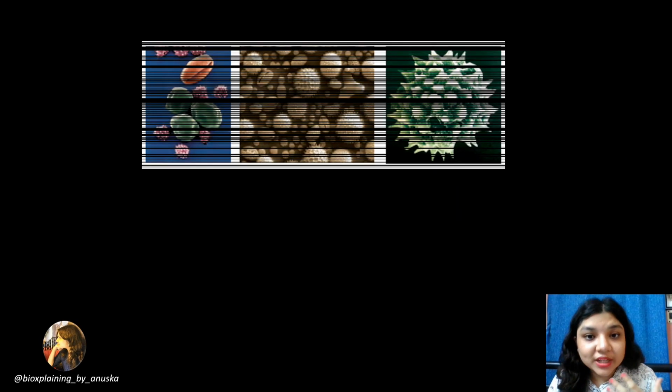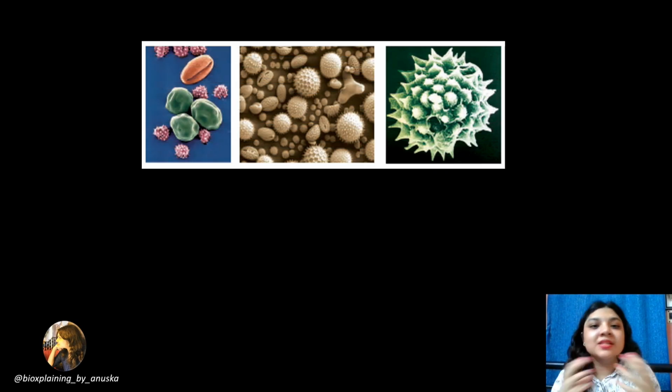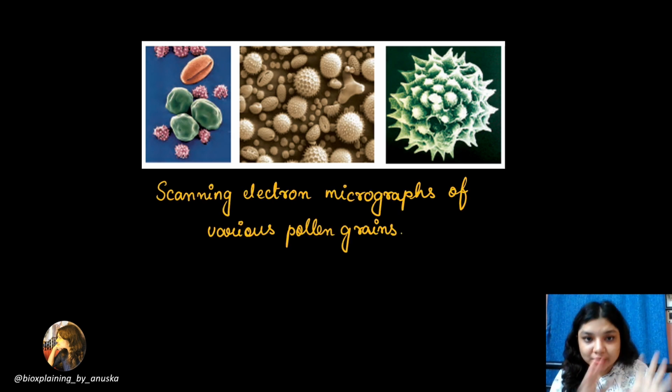Okay, so these pollen grains have amazing architecture, and pollen grains from different species have various types of structure. These 3 images show the scanning electron micrographs of various pollen grains, meaning that these images have been taken under an electron microscope.